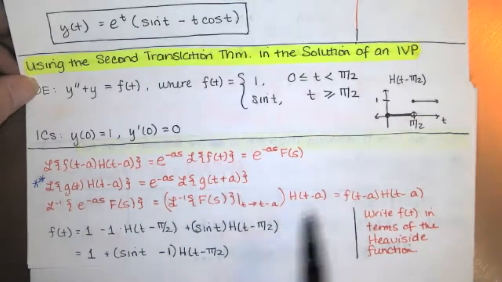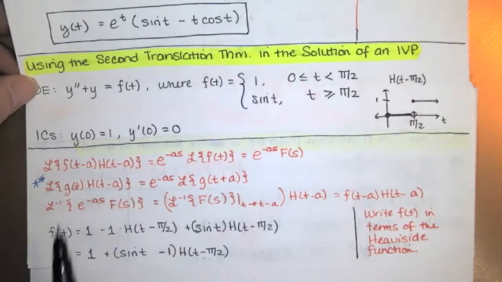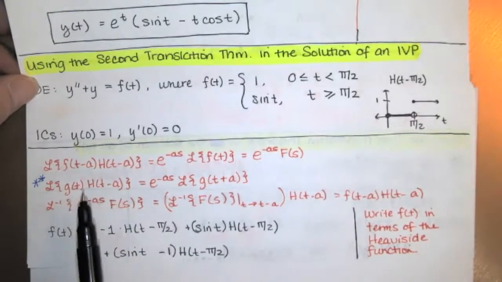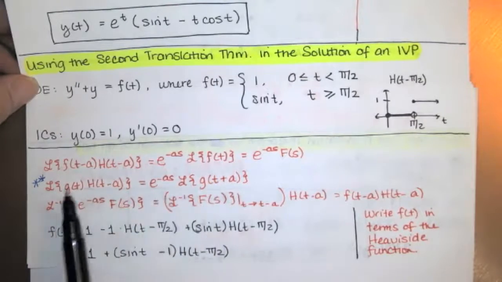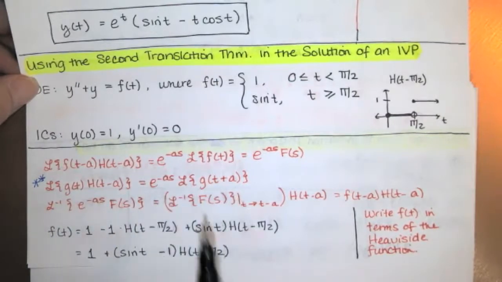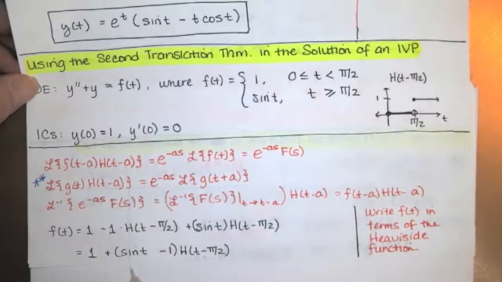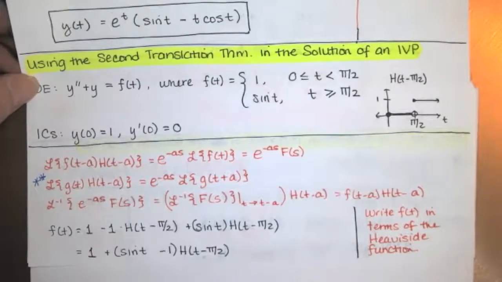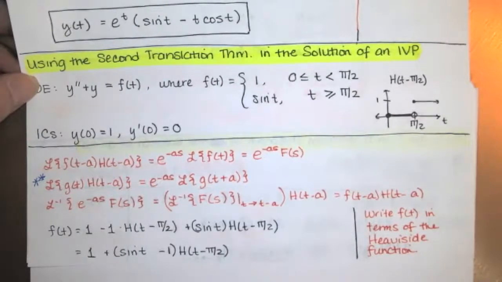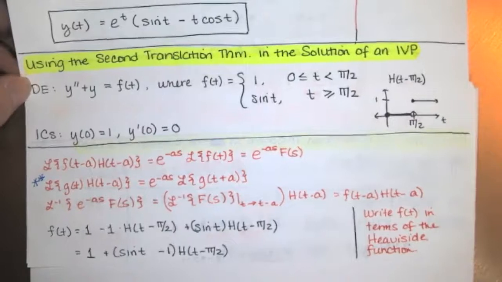And these translation theorems can be a little bit tricky to apply, but remember the notation tells you everything you're supposed to do. If you understand what the notation is saying, then it's straightforward. It just might take a little bit of algebra, a little bit of time, and a lot of attention to detail.